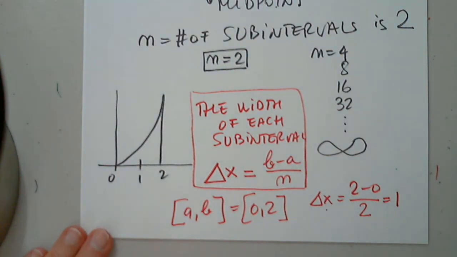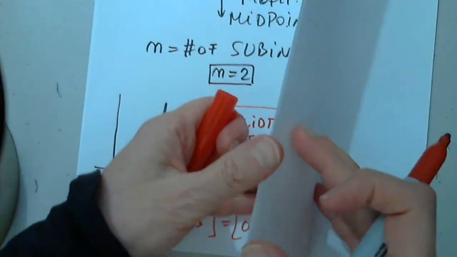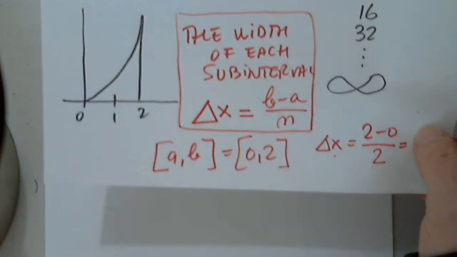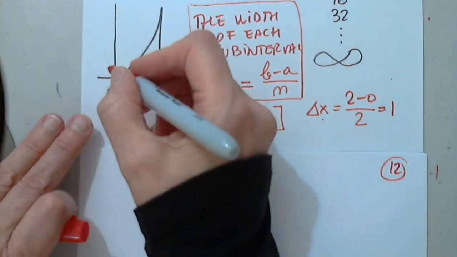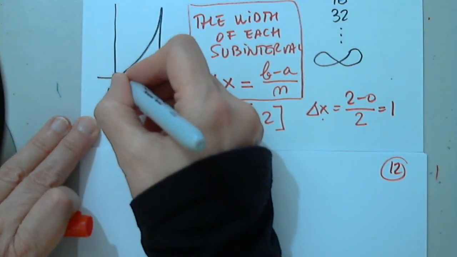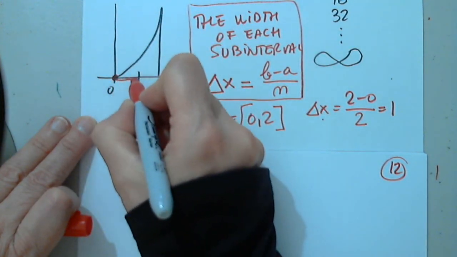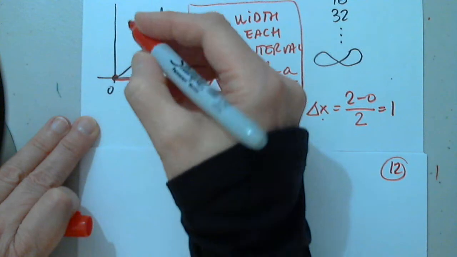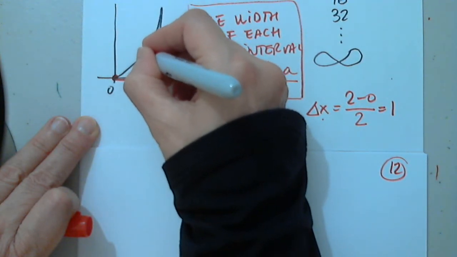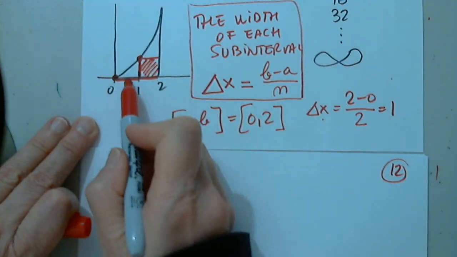First, I have to establish the width of the subinterval, and then I'm starting with the leftmost point. So here's the leftmost point, meaning the height is here, because that's what the height is. 0. Base times height. It happens that this is 0.